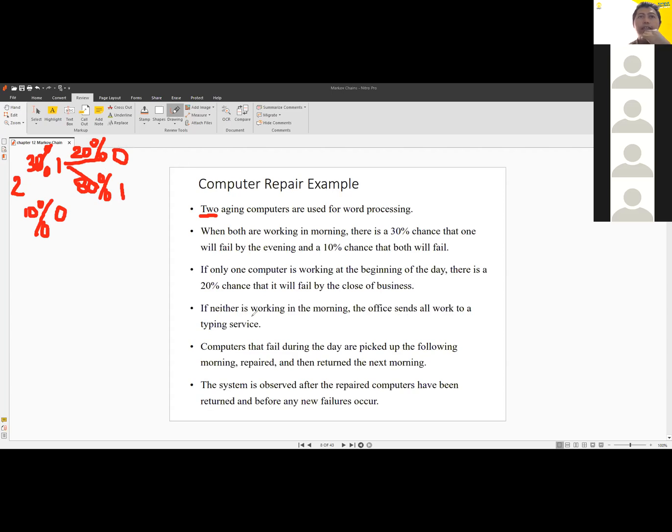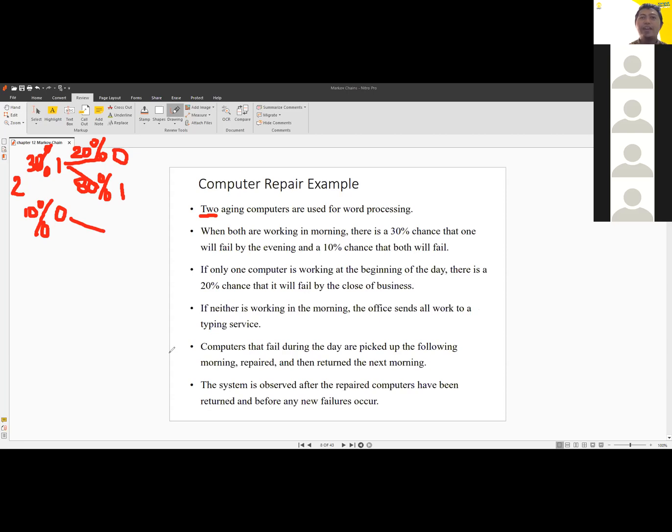If neither is working in the morning, the office sends all work to a typing service.